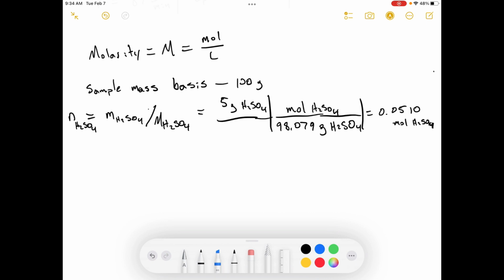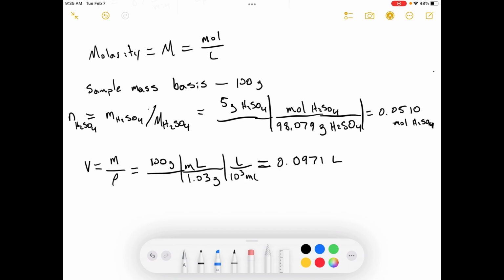Next, we need to calculate the volume of solution we have. The volume of solution in a 100 gram sample is equal to the mass of the sample divided by the density of the sample. So I'm dividing 100 grams by 1.03 grams per milliliter, and I get a certain number of liters of sample.